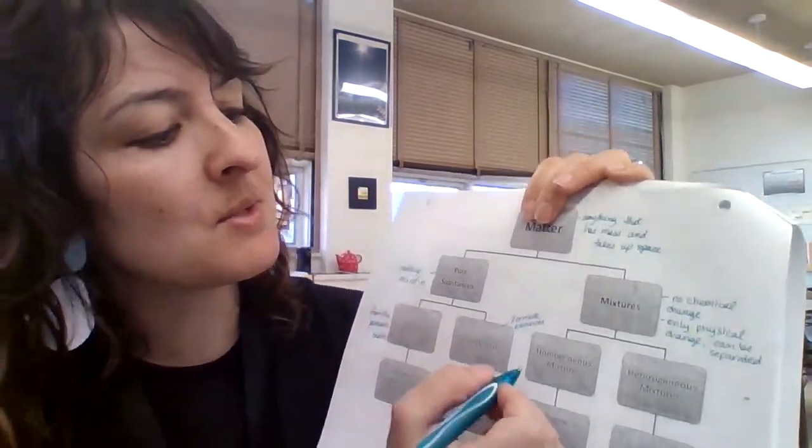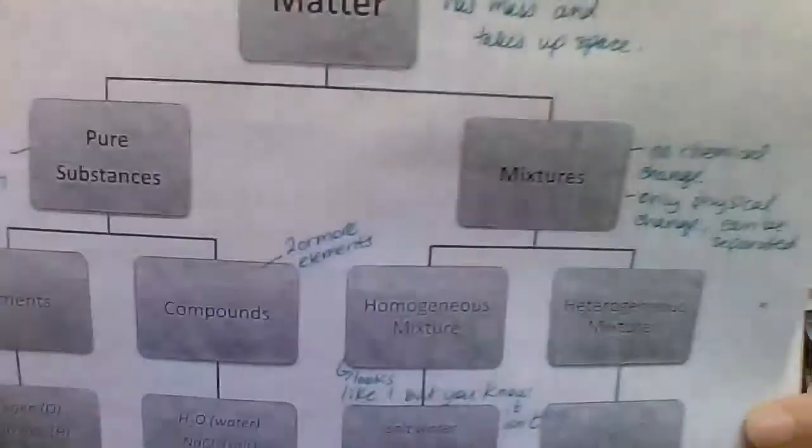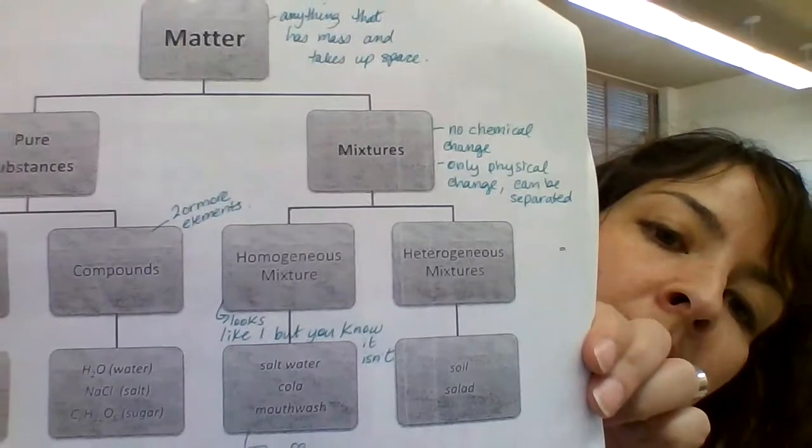So coffee would be an example of a homogeneous mixture. And homogeneous looks like one, but you know it isn't. It looks like one substance, but you know it isn't.